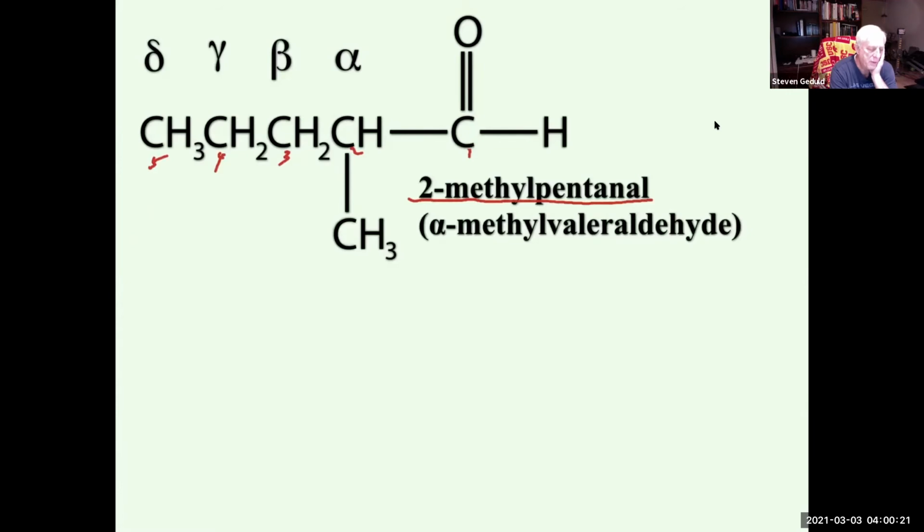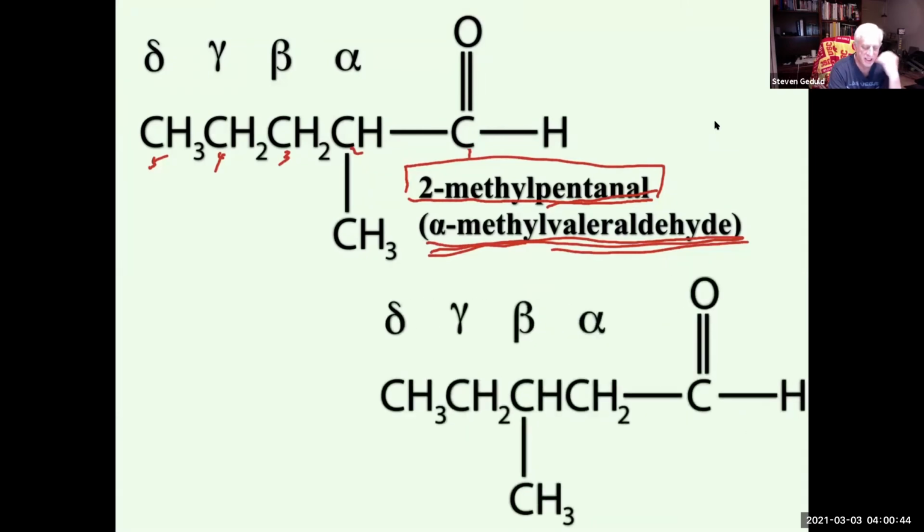So 2-methylpentanal. Or the common name is alpha-methyl valeraldehyde, because there's a methyl group on the second carbon. Valeraldehyde is pentanal. Like I said, I'm not going to quiz you on the common name. You won't see that on the midterm, but you might see it in research articles, things like that.